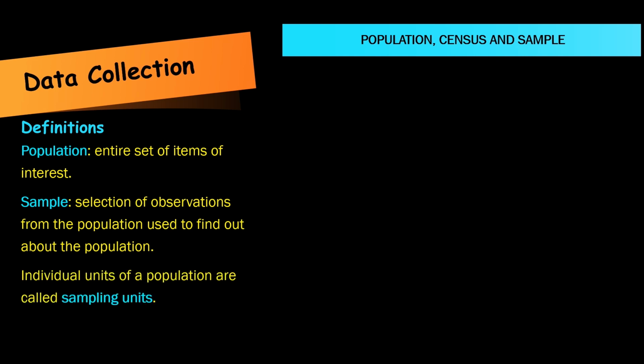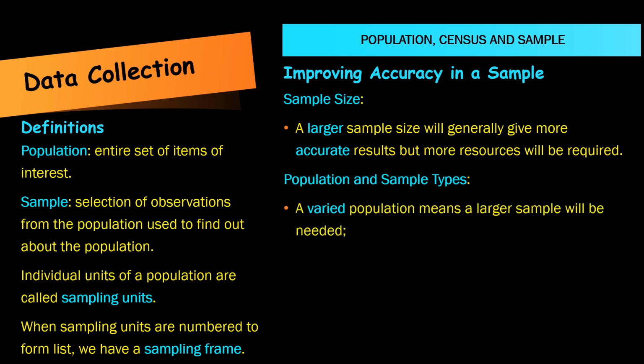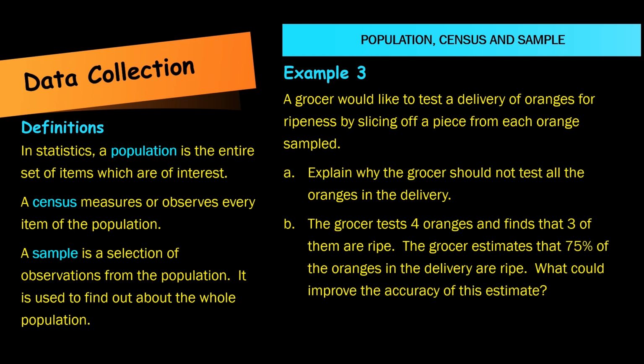Here's a summary of some of the key points we've just looked at. Now let's take a look at an example. Pause the video and have a go. Press play when you're ready to view the solutions.